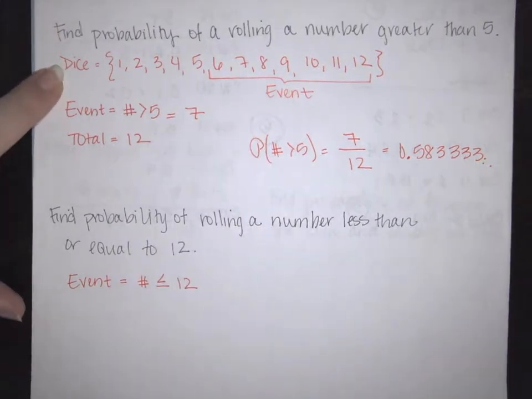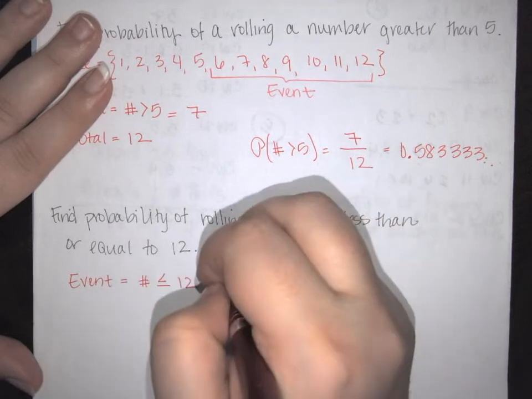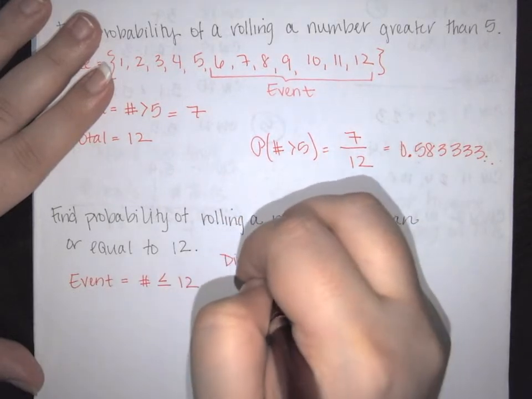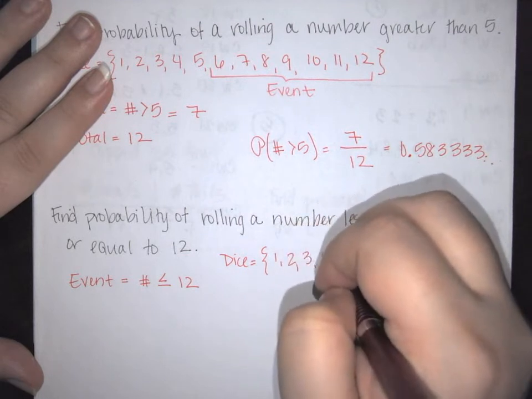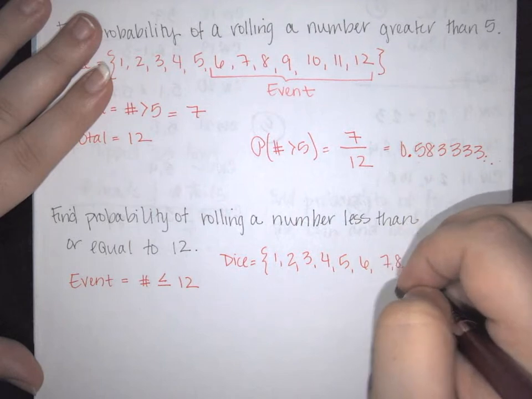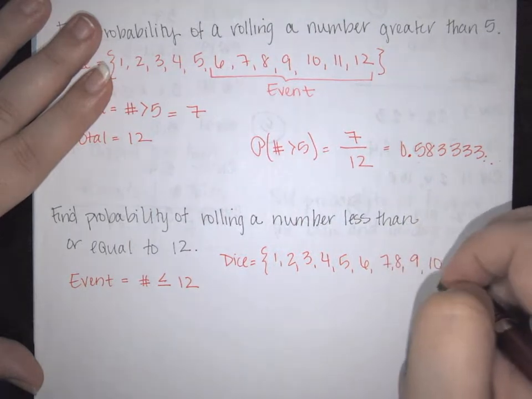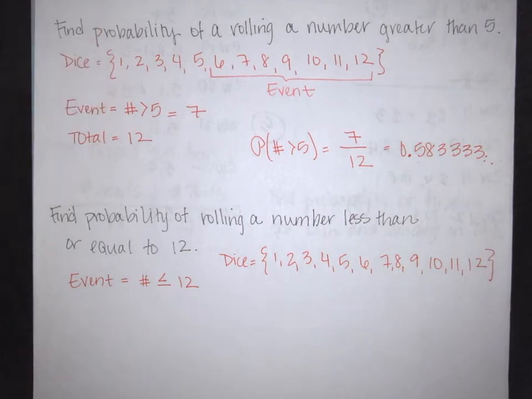If I'm looking at my sample, my dice here is going to be 1, 2, 3, 4, 5, 6, 7, 8, 9, 10, 11, and 12. Okay.